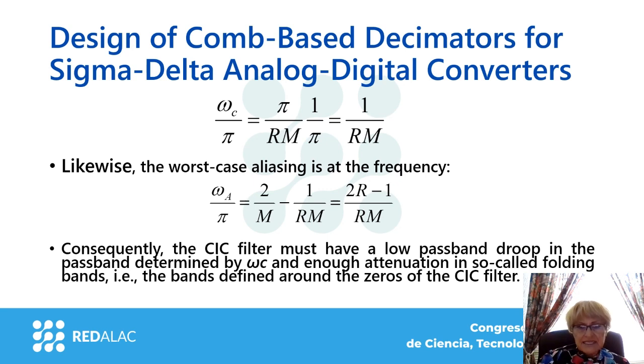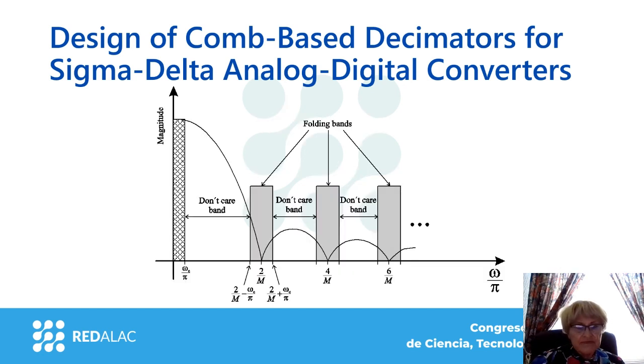Consequently, the CIC filter must have a low passband droop in the passband determined by omega c, and enough attenuation in the so-called folding bands, alias bands defined around the zeros of the CIC filter. As shown in this equation, this is the frequency characteristic of the CIC filter.